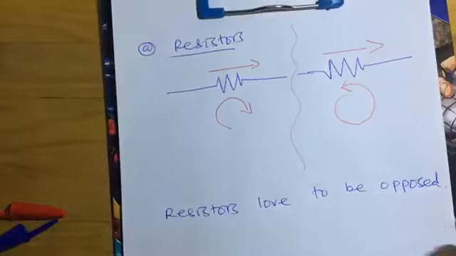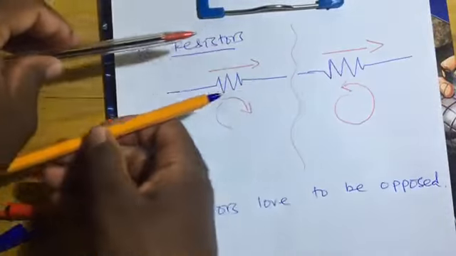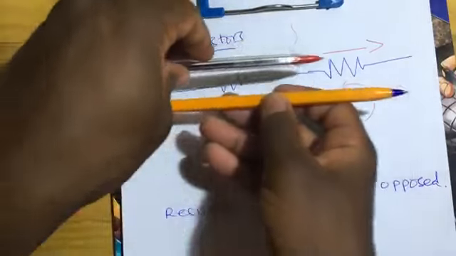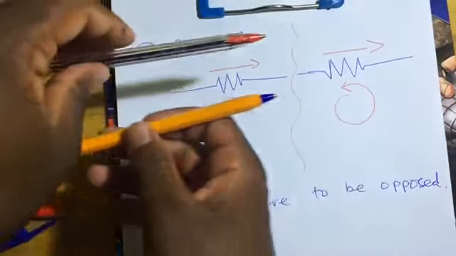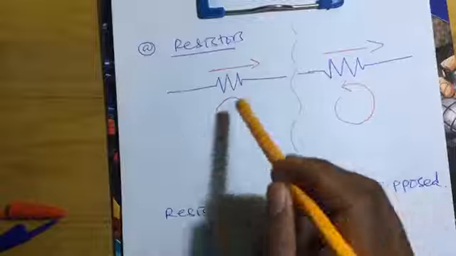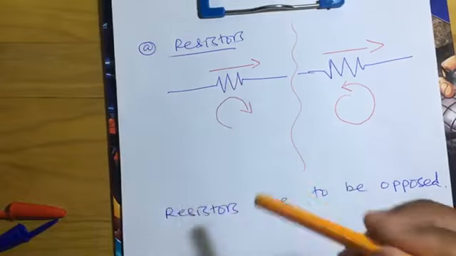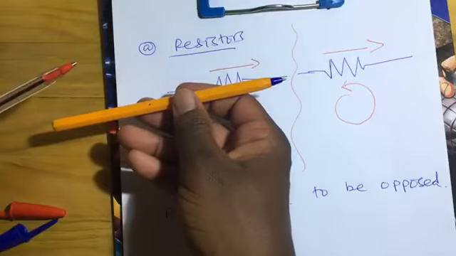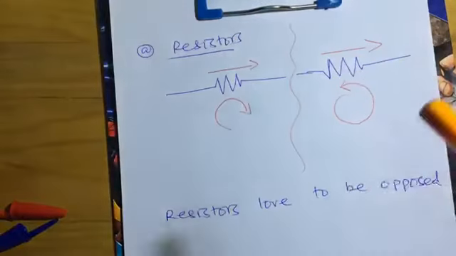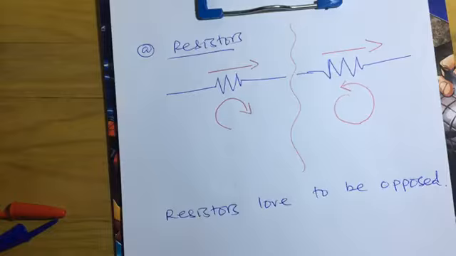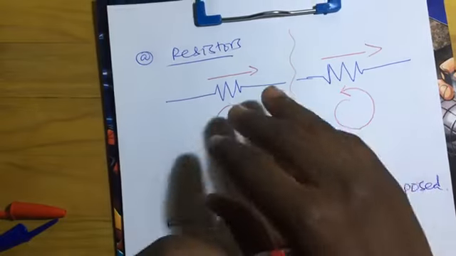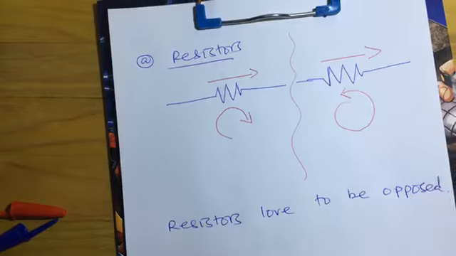Regarding the loop and the current, do you see any opposition, or are they supporting each other? The loop is going in this direction, the current is equally going in this direction. There is no opposition.